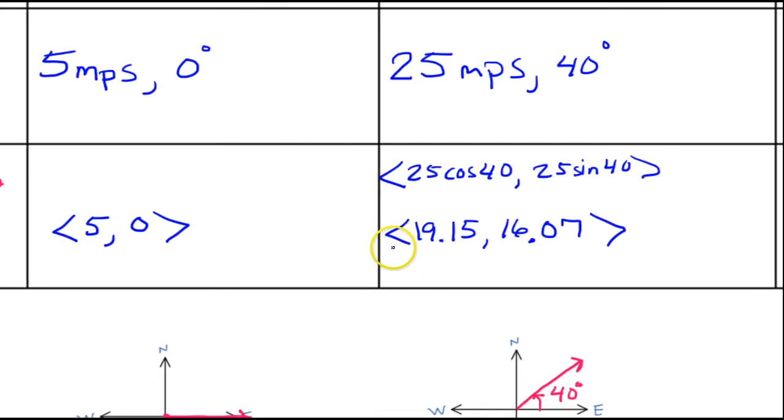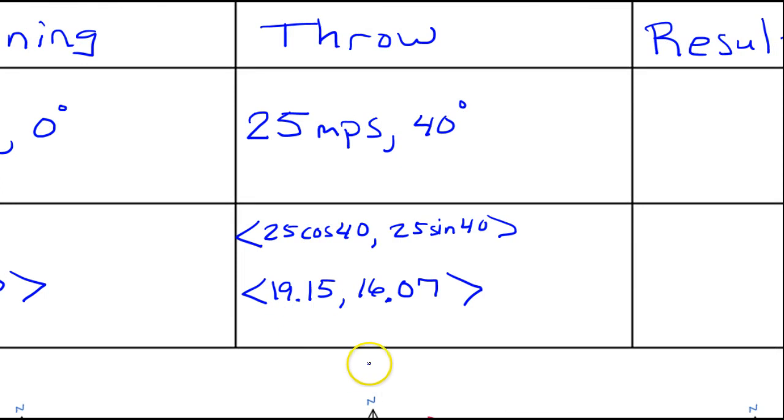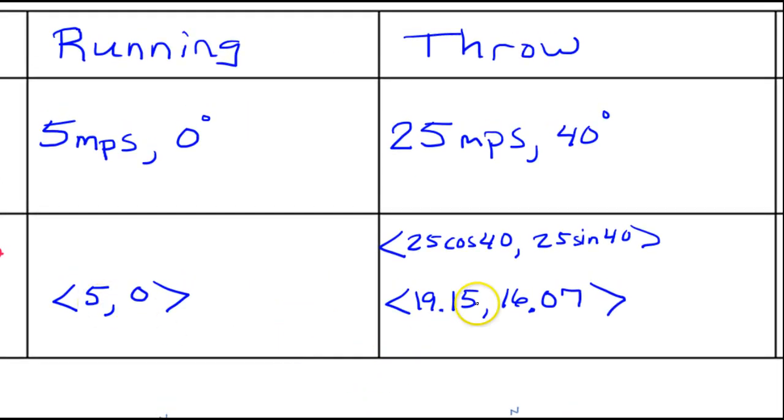Now, since I have component form, I can just add these two vectors together to find the resultant. So I can just add the horizontal component with the horizontal component and the vertical component with the vertical component.